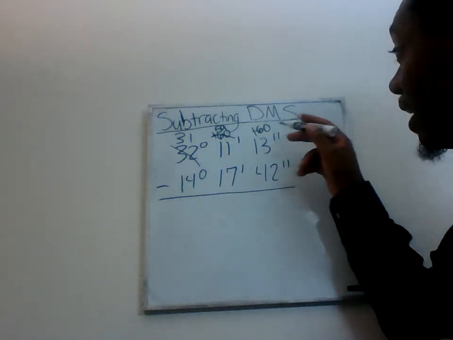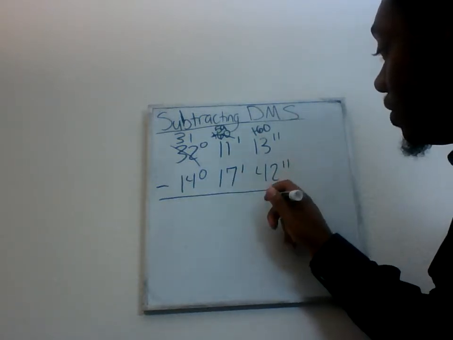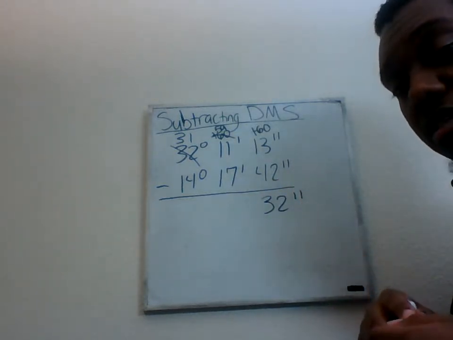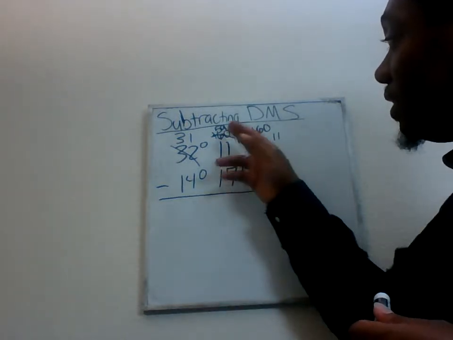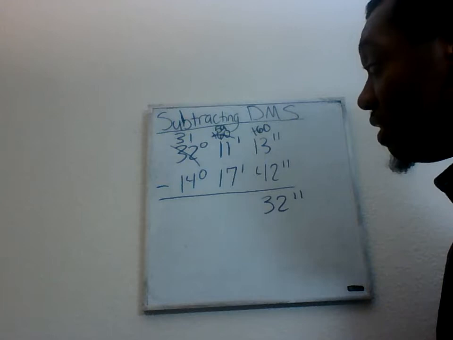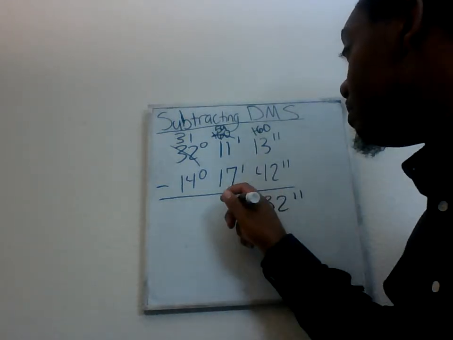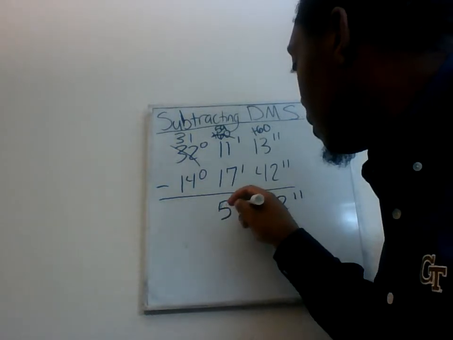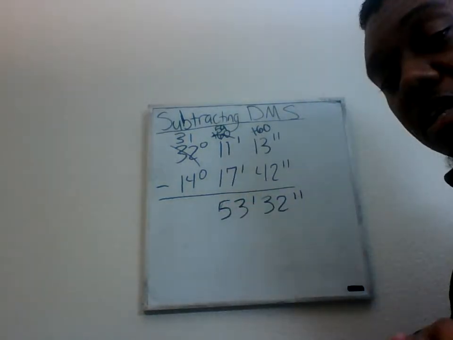And if I do that, I end up with 73 minus 42. So I end up with 32 seconds. All right, so I have 59 plus 11, like I said, was going to be 70. 70 minus 17 would be 53. So we have 53 minutes.